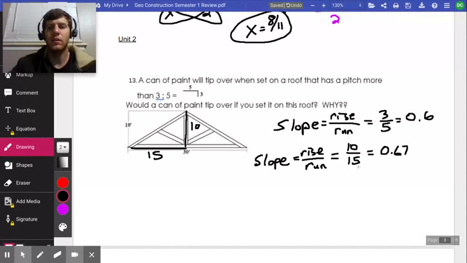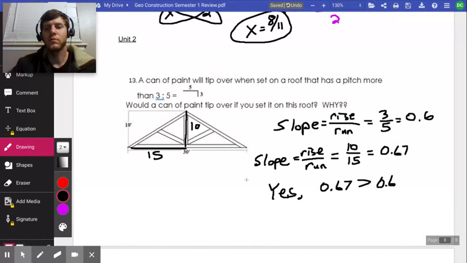Rise over run. And so that is steeper. So will the paint can tip over? Yes. Okay, 0.67 is greater than 0.6, so yes, the paint can will tip over.